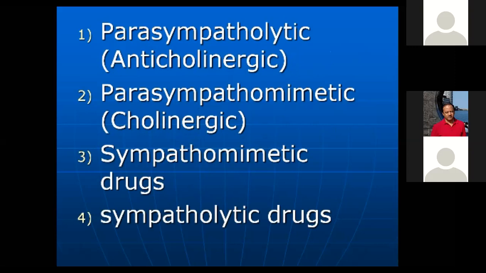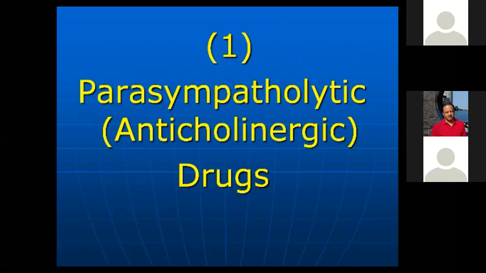Sympathomimetic drugs, also called adrenergic drugs, and sympatholytic drugs, non-adrenergic drugs. So these are the four groups of drugs which act on the pupil. Now take one by one. Parasympatholytic drugs.